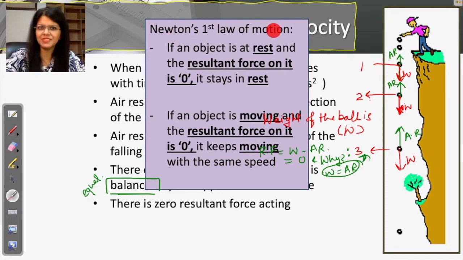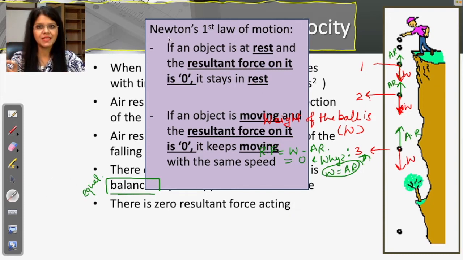Now what is Newton's first law of motion? If an object is at rest and the resultant force on it is 0, it stays at rest. That's Newton's first law of motion. If you have an object, say I'm sitting here, nobody is pushing me, pulling me, I'll keep sitting here. Or if there is a certain object lying on your desk, nothing is pushing or pulling it, it will stay there forever.